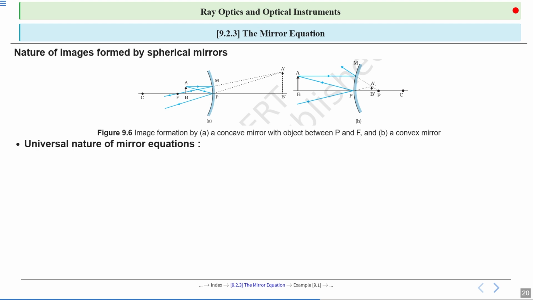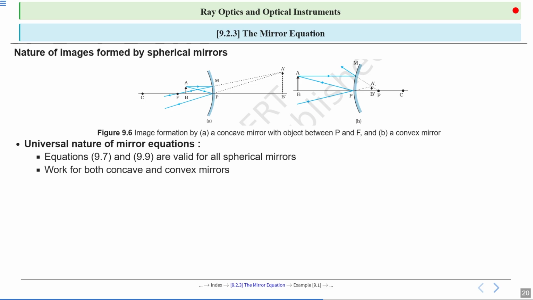Now, the universal nature of the mirror equation. What is it? Equations 9.7 and 9.9, the equation for magnification and the mirror equation, are valid for all spherical mirrors. They work for both concave and convex mirrors, and handle both real and virtual images. These equations are applicable everywhere, whether the image formed is real or virtual, and whether the mirror is concave or convex.